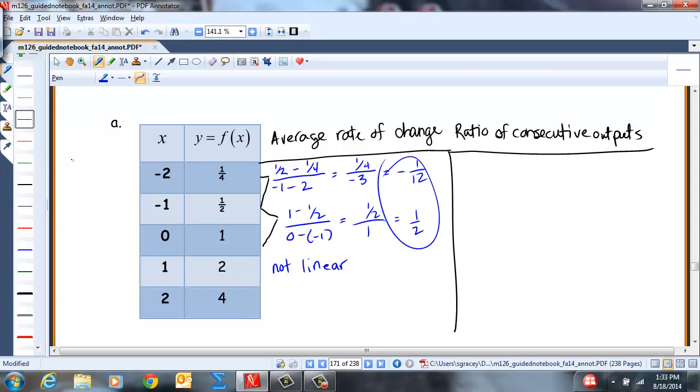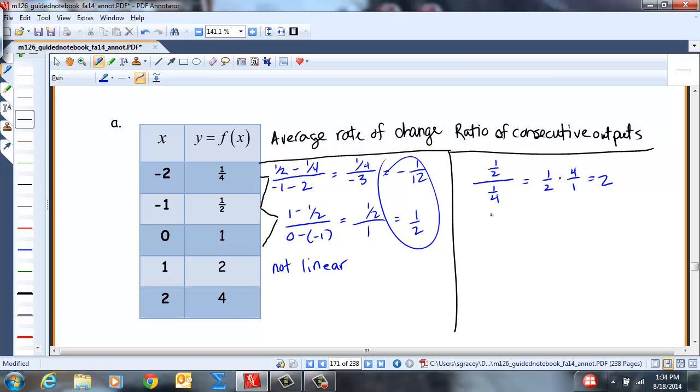So we will have 1/2 divided by 1/4 is equal to 1/2 times 4 over 1, which is 2. Next up will be the next two y values.